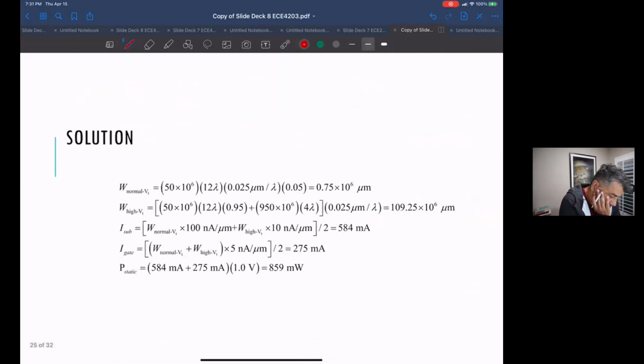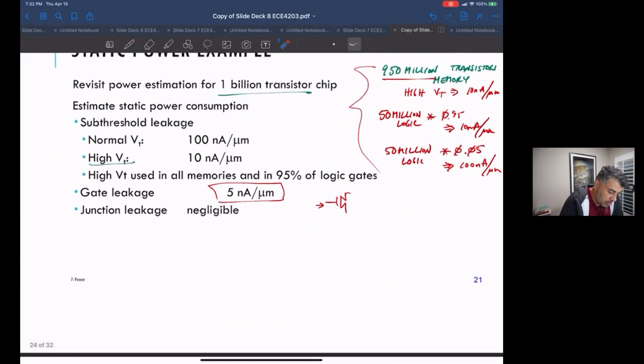And so what you'll see is, here the normal VT devices, going back to the example from the last lecture, had a certain average size. There was 50 million of them, and they make up 5% of the logic gates. So total of this much width, because remember this is per width.